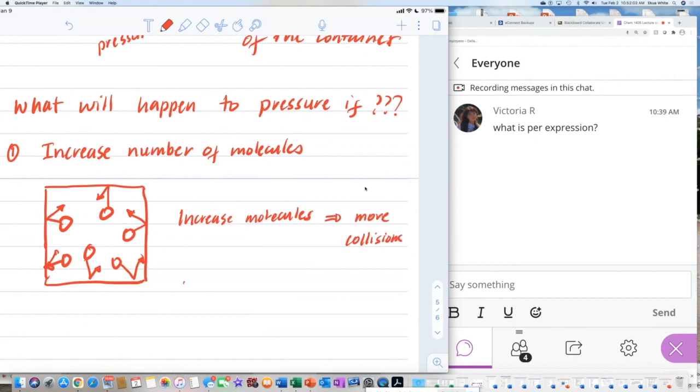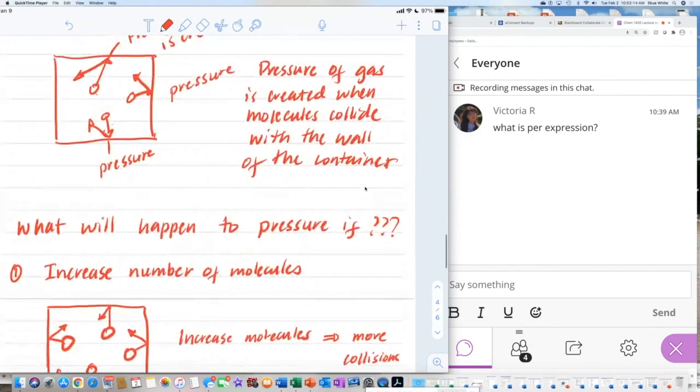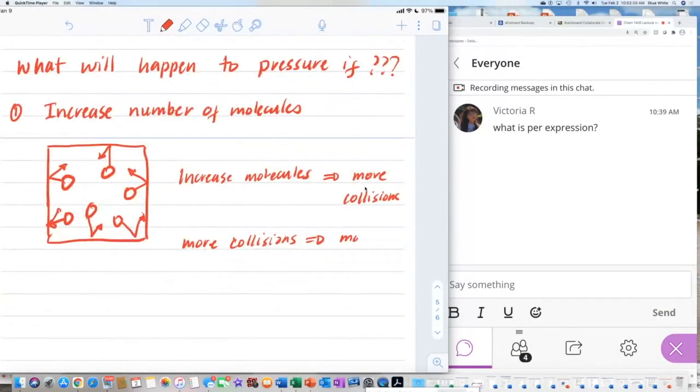Since you have more molecules, this results in more collisions, right? So if you have more collisions, do we have more or less pressure? Says here, every time they collide with the wall of the container, that's when pressure is created. So we should have more pressure. Okay? So if you increase the molecules, more collisions, more pressure.